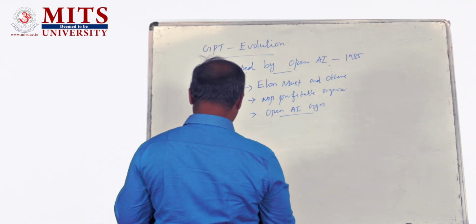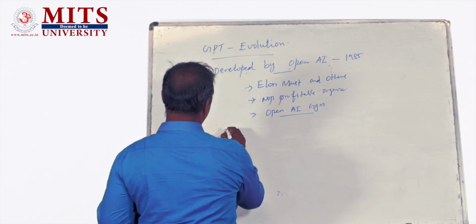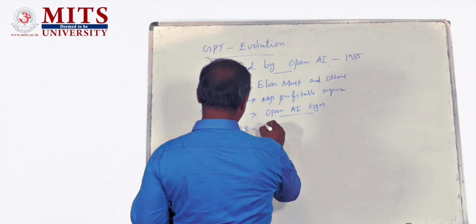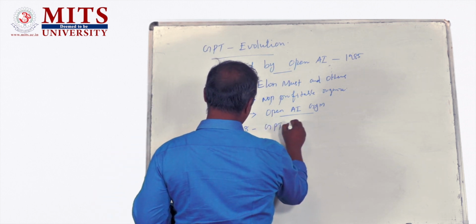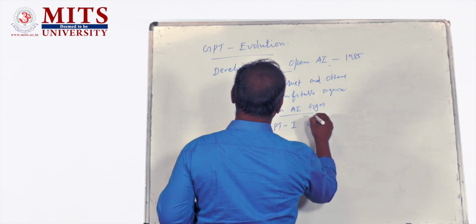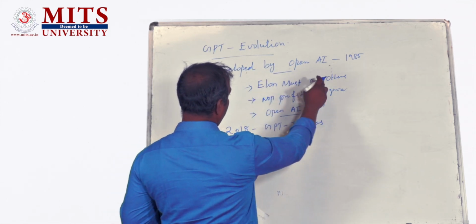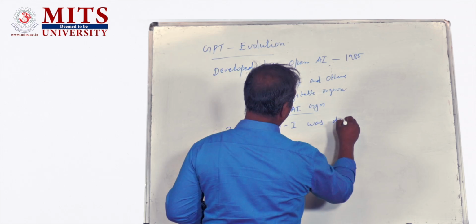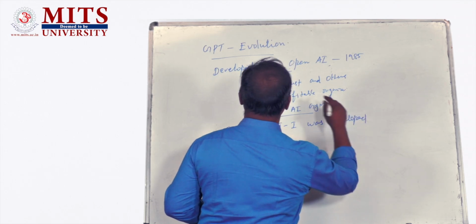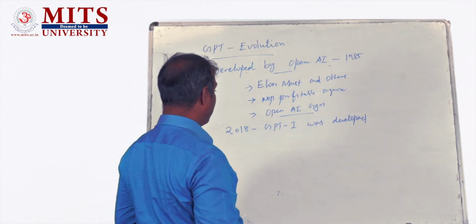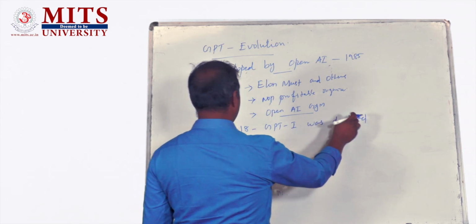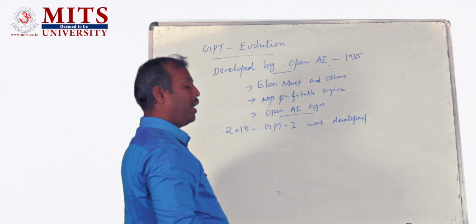Later, in the year 2018, GPT-1 was developed by OpenAI. Generative pre-trained transformer 1 was developed in 2018.